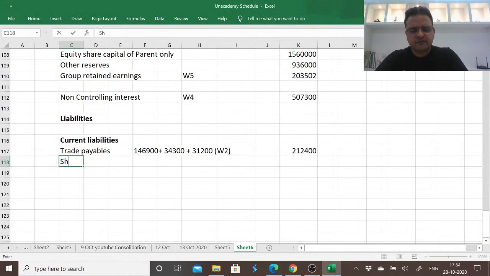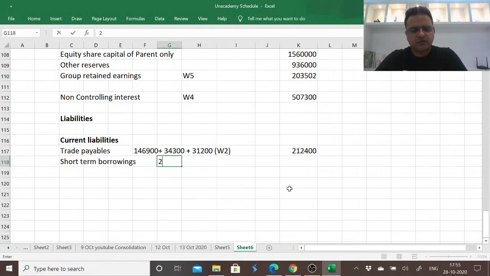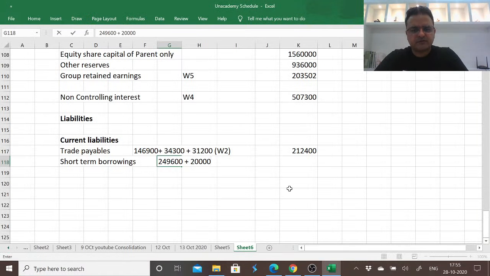Short-term borrowings is equal to 249,600 plus 20,000, which is 269,600.